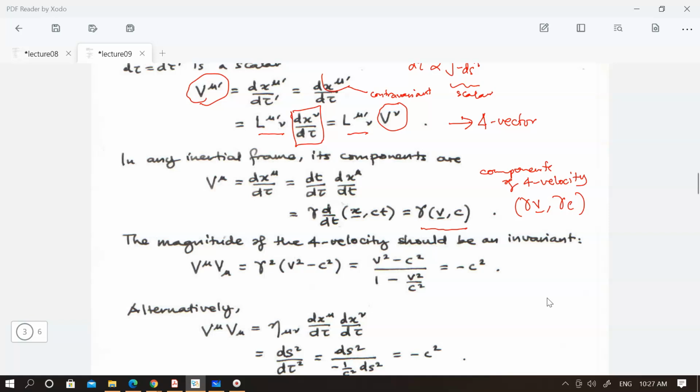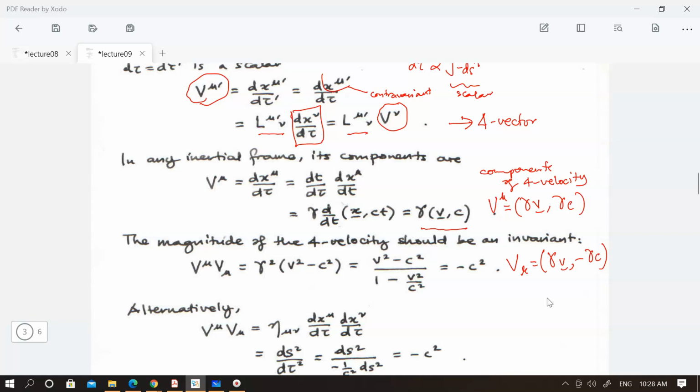Okay, so remember, if this is your components for your contravariant case, so this is v mu here, you just use your metric tensor to lower the indices, and this will become gamma v, minus gamma c. So you take the product of this thing, and you get gamma squared multiplied by v squared minus c squared, and gamma squared is 1 over 1 minus v squared on c squared.